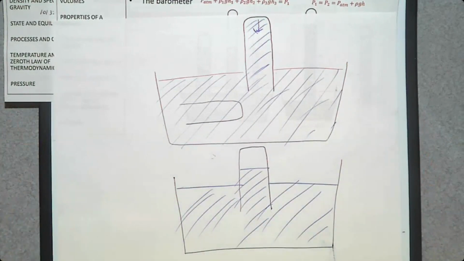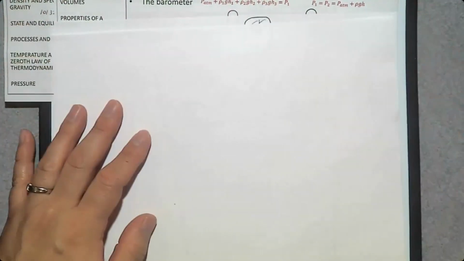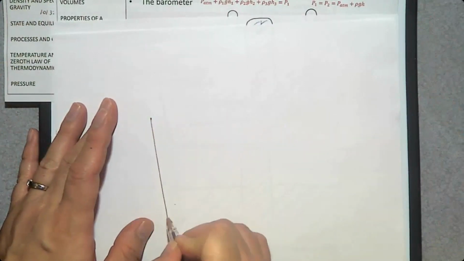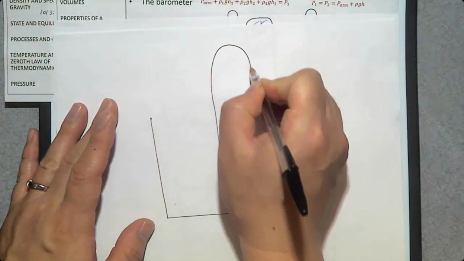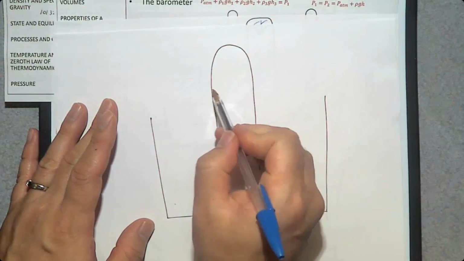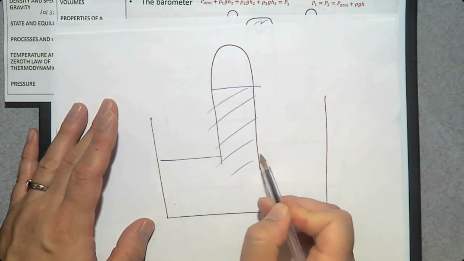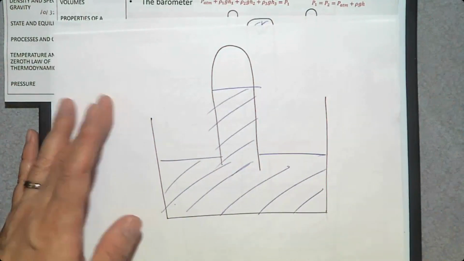This is what happens. I need to move this water down up to this much so I can explain. This is the water tank, and this is the tube, and the water is filled about this much. Then let's see what happens.